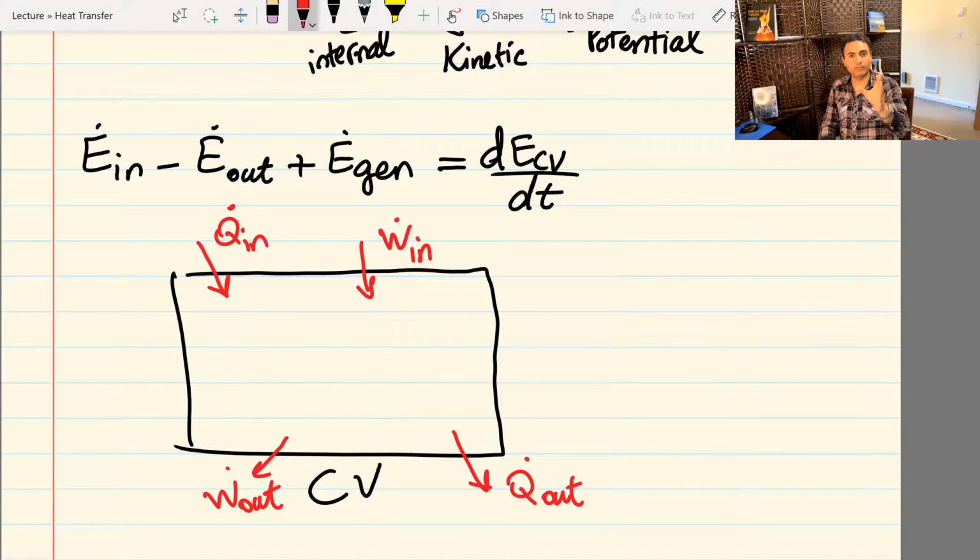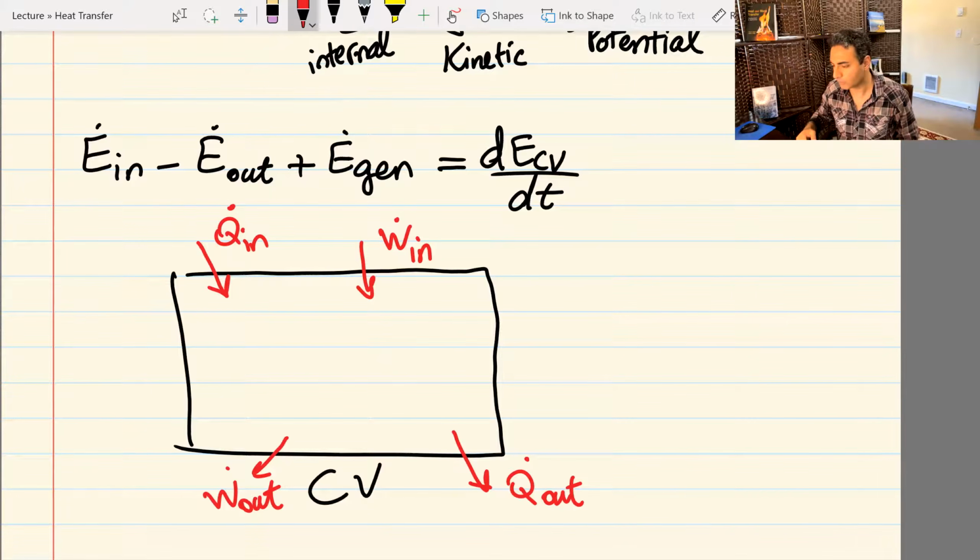Be mindful of that. You need that in all these three courses, and thermal system design also. Now, energy can also be transferred with mass. The mass that comes into the system has energy with it. It can carry energy into the system and out of the system.